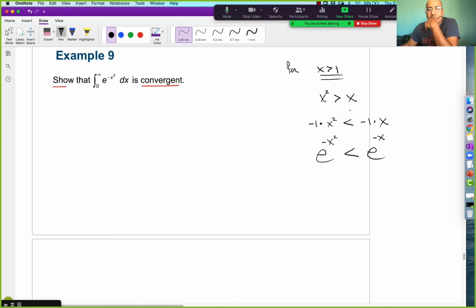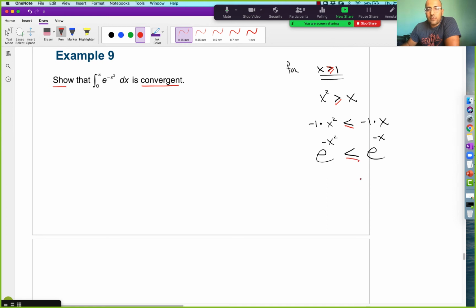Right? Well, I can always slap on the equals too, for x strictly greater than 1. I mean, I can also toss in the greater than or equal to here. If x is greater than or equal to 1, then x squared is greater than or equal to x, which means that this is less than or equal to, right? In cases of 1, they equal each other.